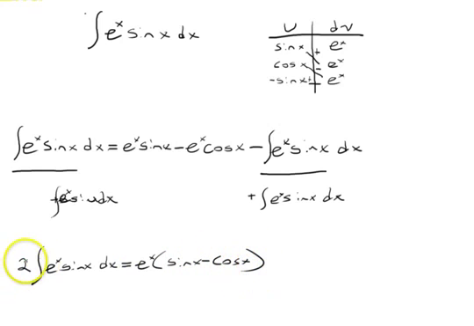And I can get rid of that 2 by dividing both sides by 2. And that's my answer. The integral of e to the x sine x dx is the quantity on the right.